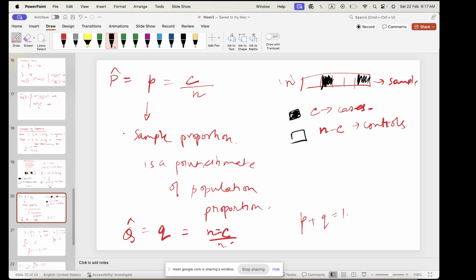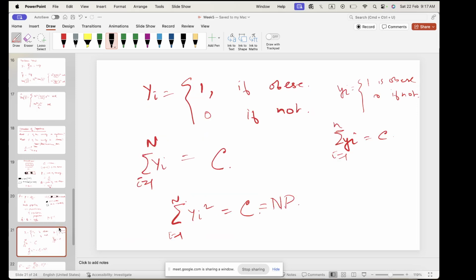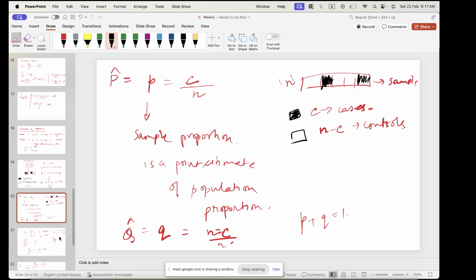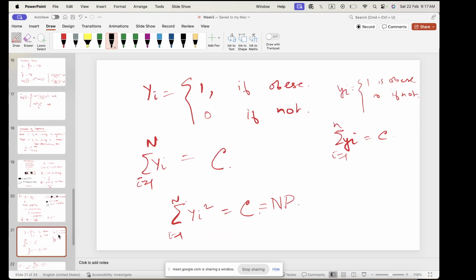Now the population proportion is estimated with the sample proportion. Now, how do I get the standard error of this? In order to get the standard error, I would need the small s square quantity. So how do I get that?